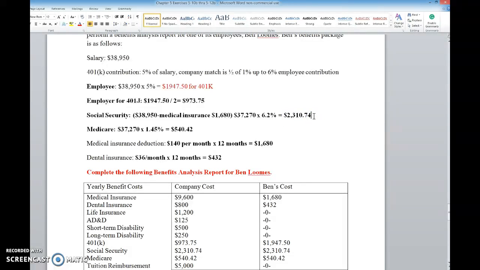That's the employer side, and the same for the employee side for Social Security. Medicare, you're going to use the same amount that you use for Social Security as a taxable wage, $37,270. Multiply that by 1.45%, $540.42, which the employee and the employer would each pay in Medicare.